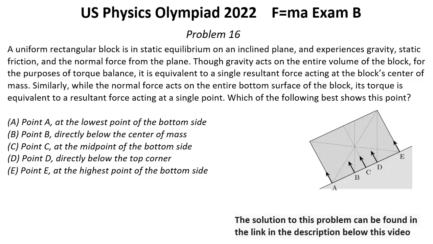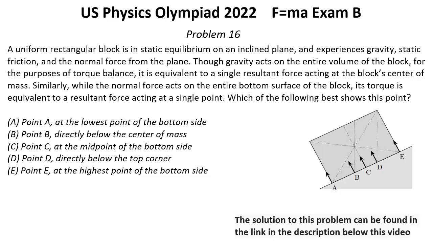Similarly, while the normal force acts on the entire bottom surface of the block, its torque is equivalent to a resulting force acting at a single point. Which of the following best shows this point?